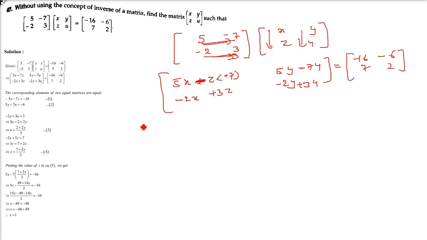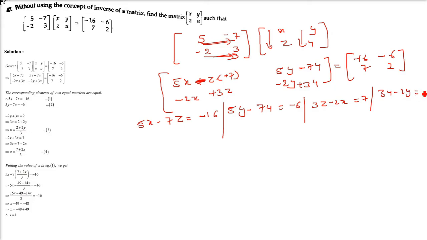Now let us equate. 5x minus 7z is equal to minus 16, first equation. Then we have 5y minus 7u is equal to minus 6, second equation. Then you have minus 2x plus 3z, and this is equal to 7. The final equation, 3u minus 2y is equal to 2.